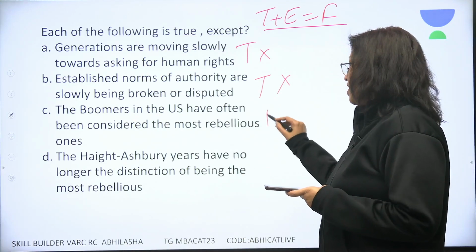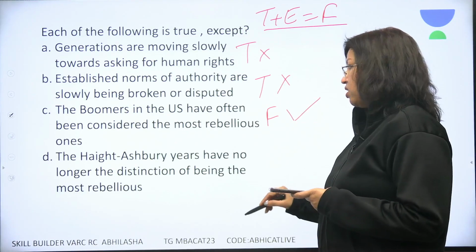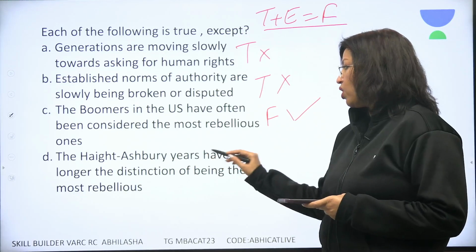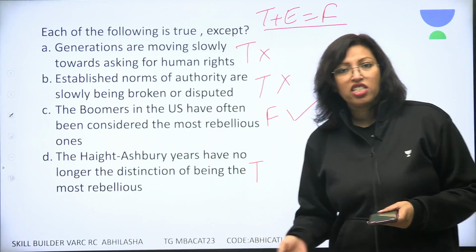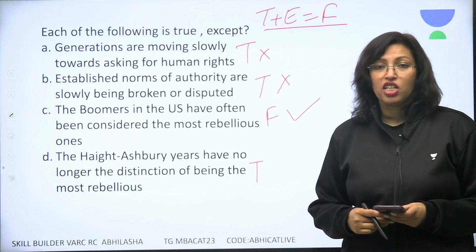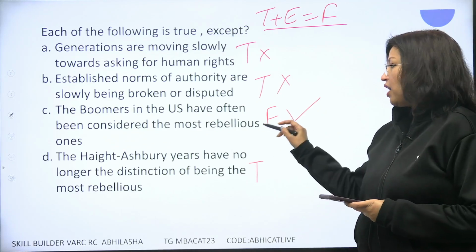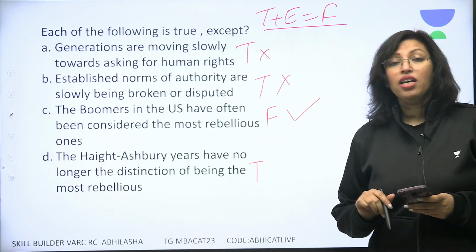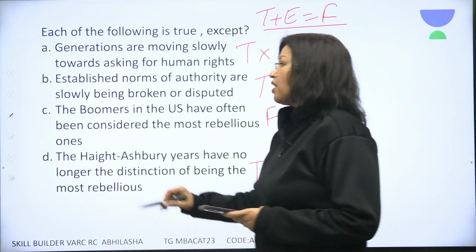The passage said that this is false. So this should be my answer. The Haight-Ashbury years have no longer the distinction of being the most rebellious. True, because it is now the next generation, the post-material generation, that is the most rebellious. So therefore, the correct answer will be C. That's the one that is false and therefore the correct answer.